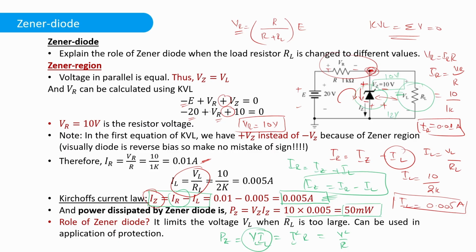If this was 5 volts, the maximum voltage across the load would be 5 volts. So the advantage of using a Zener diode in this circuit is that it will limit the output voltage. If we can limit the output voltage, it means that we can protect our device or circuit according to our needs. So this was about Zener diodes.